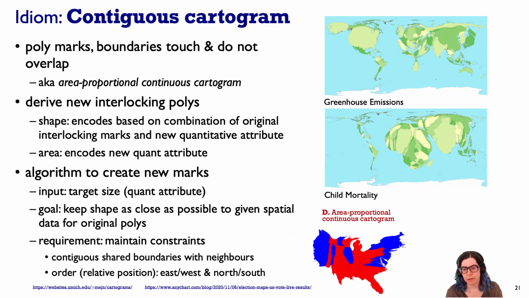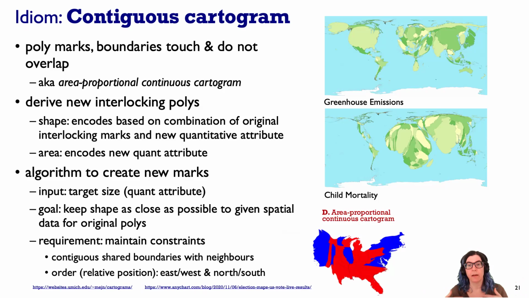If you wanted to think about how the algorithm would do that, you give it as input the quantitative attribute, which is this new target size. You try to keep the shape as close as possible while making the area vary according to this new attribute. Now, typically in these kinds of algorithms the absolute position is off the table.